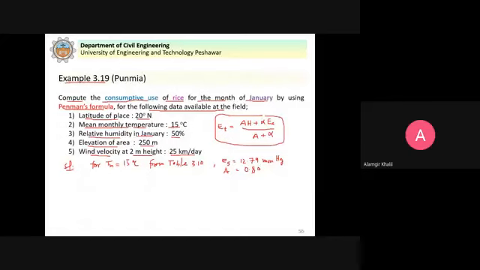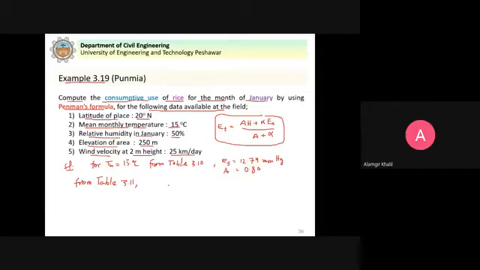Now next we have from table 3.11 what we can pick.